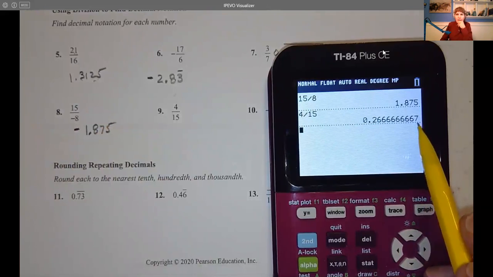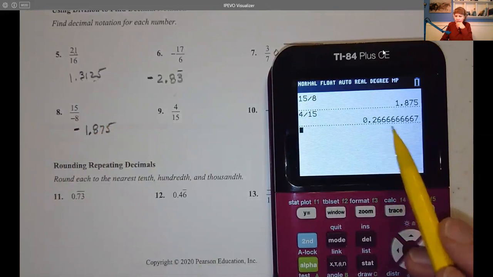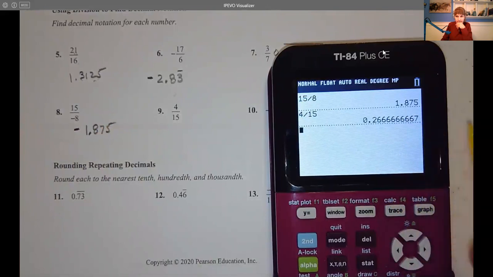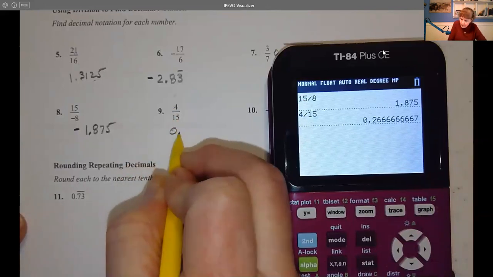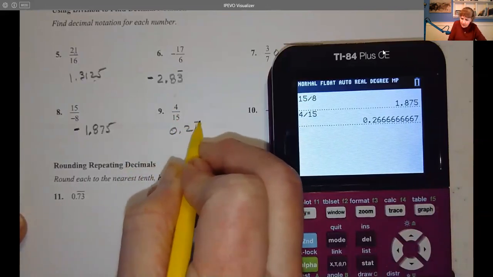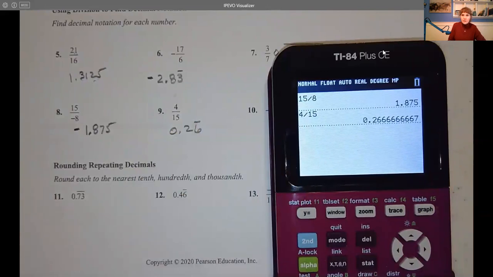It rounds off at the end. So even though you wouldn't have a 7, it would actually keep going 0.2666666666666. That last one, it does round off. So to write this one, you would have 0.2, and the 6 is repeating, but not the 2. So the bar just goes above the 6, because that's the only one that's repeating.